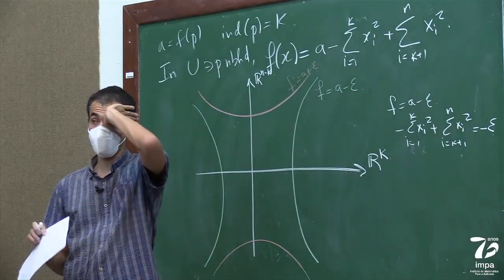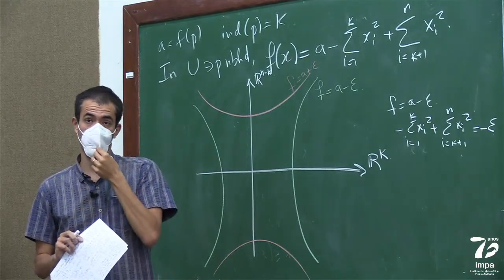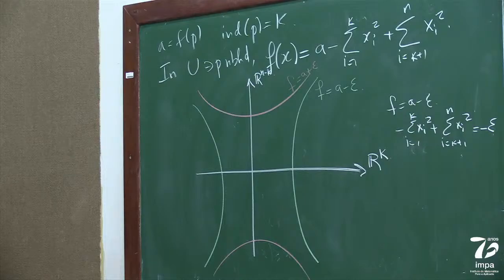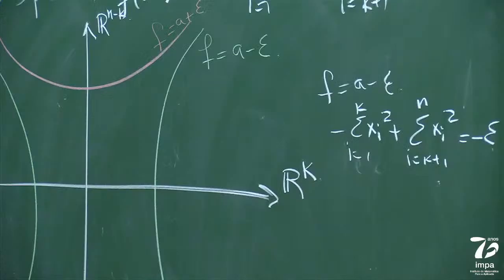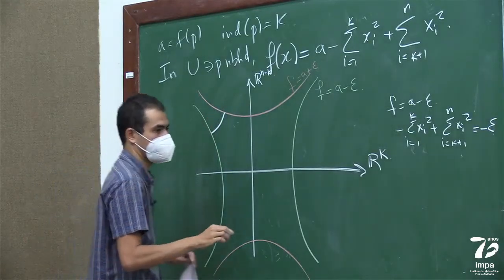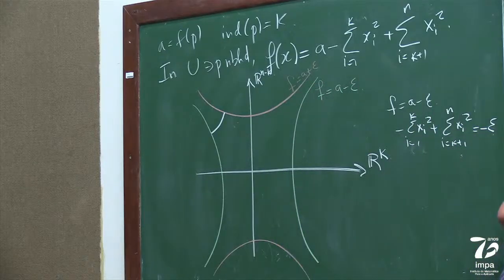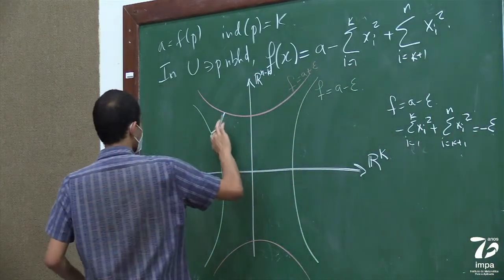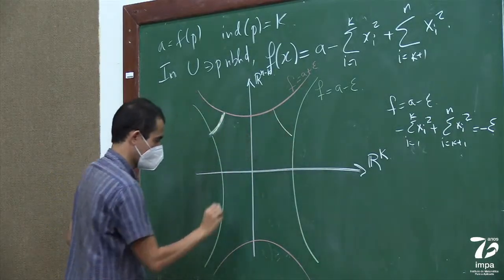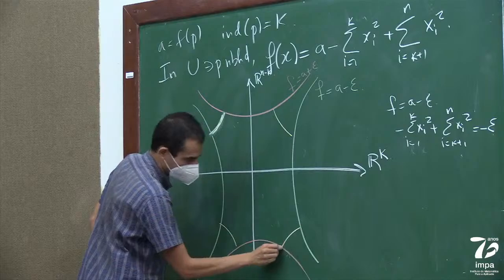So these are all hyperboloids of higher dimensions with different properties. But what I want to show you is, if you look at a neighborhood of 0 here, you can see why I'm drawing it like this.